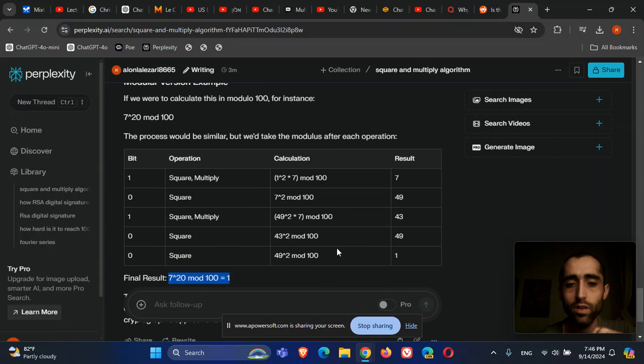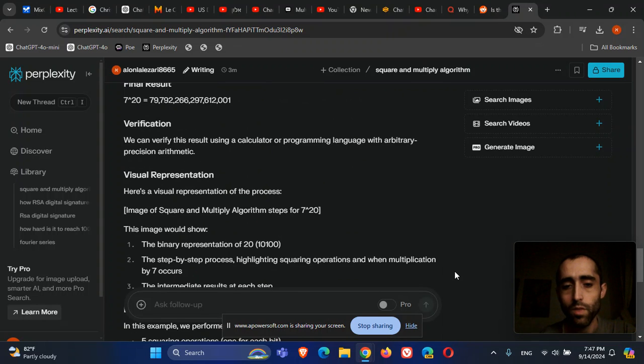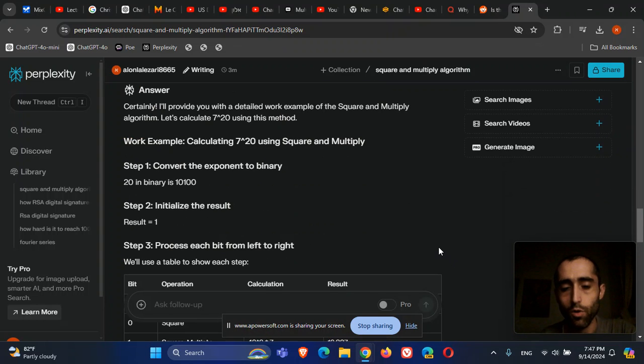And you saw how we did it in a finite set, in a modulo calculation, with the same idea: convert the exponent to binary, move from left to right, and if it's 1, square and multiply; if it's 0, just square. So we always square, but when there is a bit of 1, we also multiply, and we take the previous result every time. So this is an algorithm for efficient exponentiation.